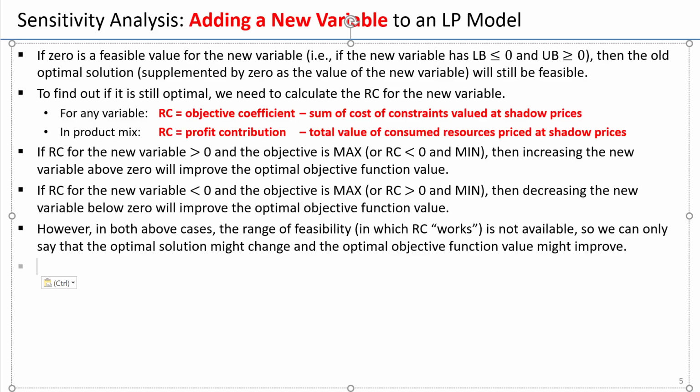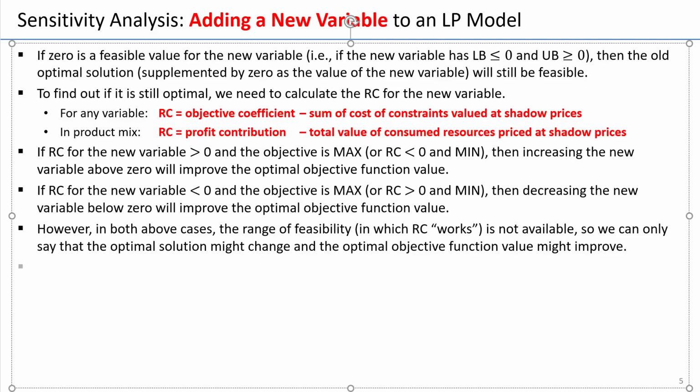That's why we can only say that the optimal solution might change, and the optimal objective function value might improve, right? But it is still useful to do this exercise, because if we find out the reduced cost is negative, well, definitely increasing the variable will not improve the optimal objective function value, right?